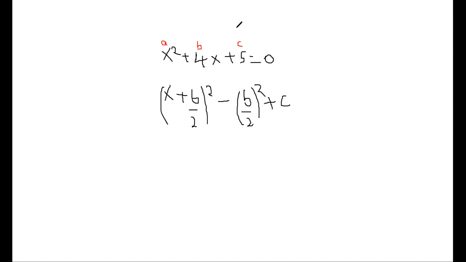By substituting, we are going to have x plus 4 over 2, the whole of this squared, minus 4 over 2 squared, plus 5 is equal to 0.